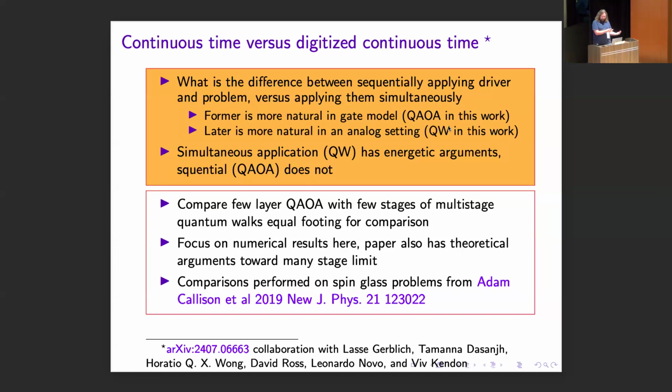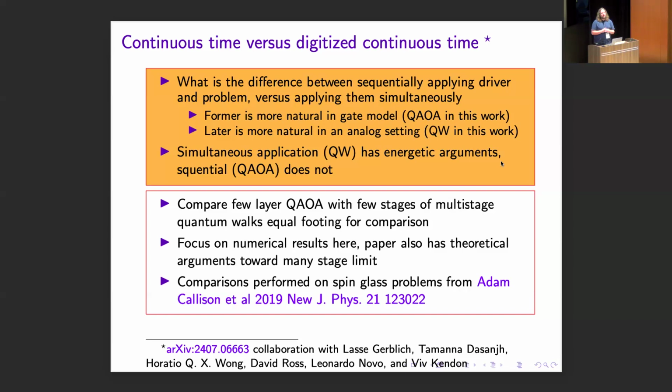This is much more what you have in an analog setting, versus what you do in a QAOA type algorithm, where you have the problem, and then you turn the driver on, and perhaps you do that multiple times. You can make general arguments that if you make your steps small enough, these two reach the same limit and behave the same way, but we're going to think outside of that limit, which is what you do practically on a gate model machine if you're doing the QAOA thing.